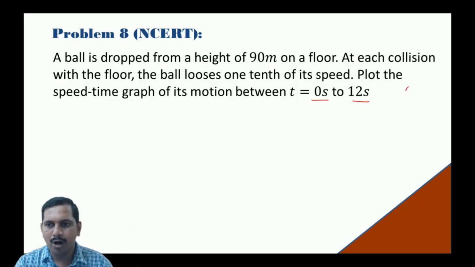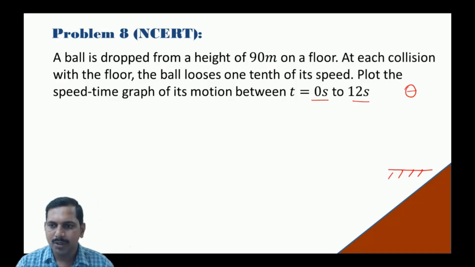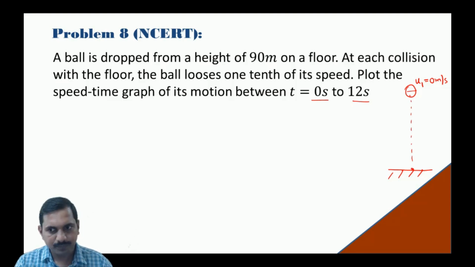So we have a ball which is dropped from a height of 90 meter onto the ground. Initially when it is dropped, the starting velocity I will call u1, which is 0 meters per second. When it drops over here, it has a velocity, say v1. What that velocity is, is not known.